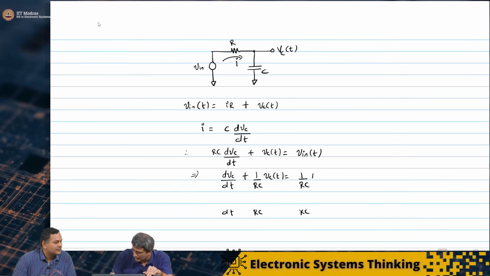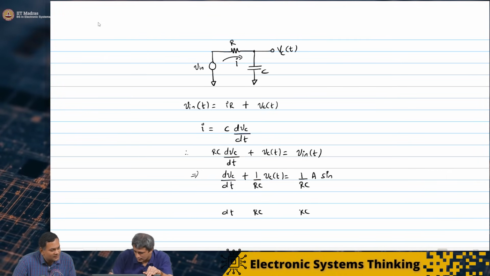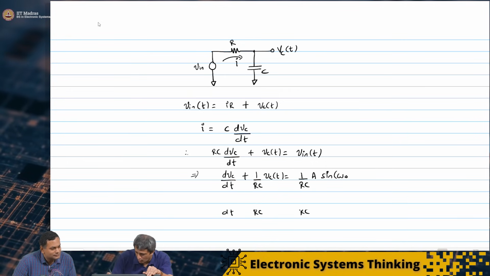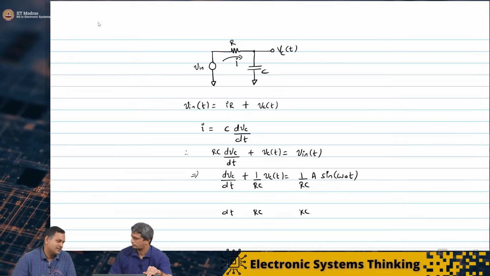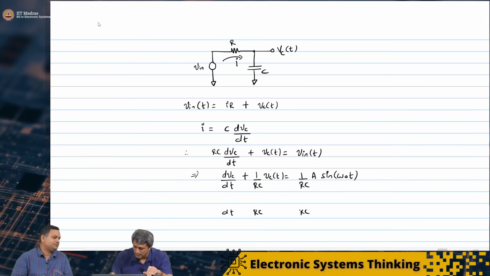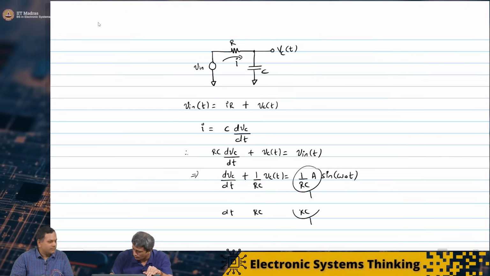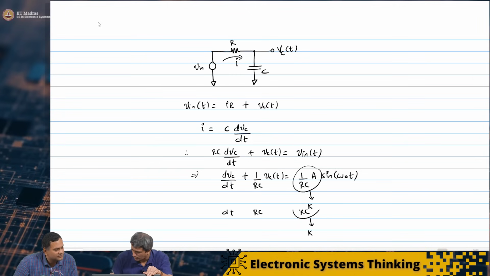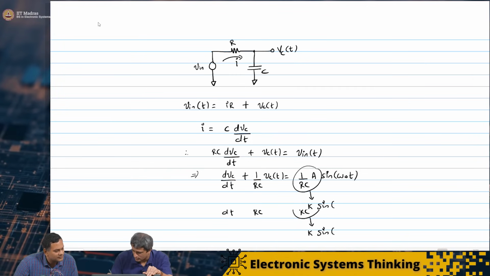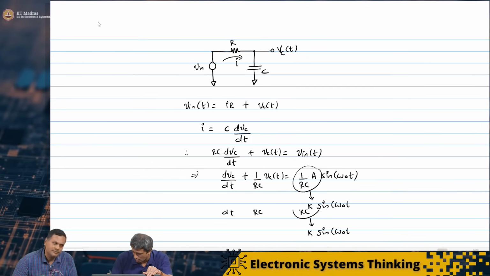We are looking at a sine omega naught t. I will call this some constant for now, some k times sine omega naught t.